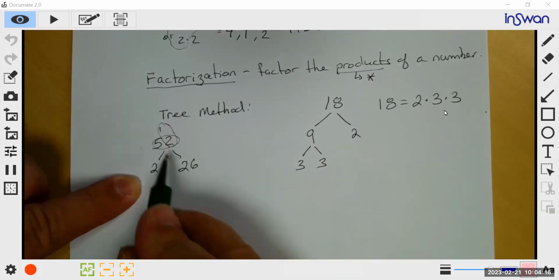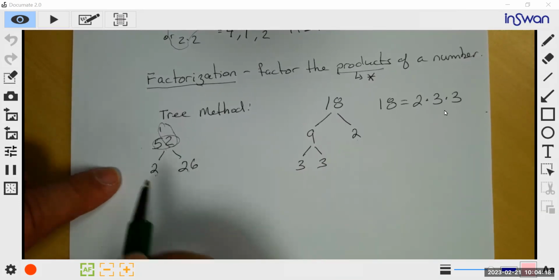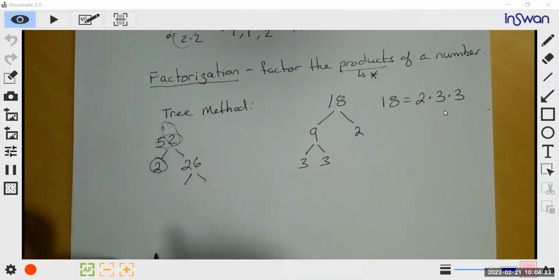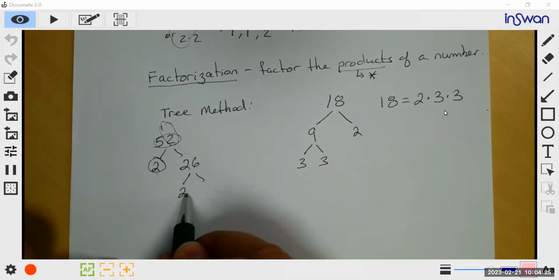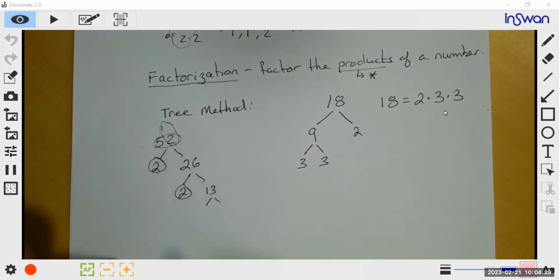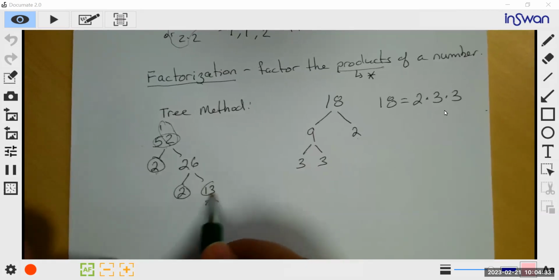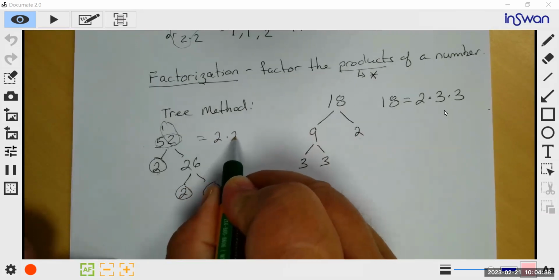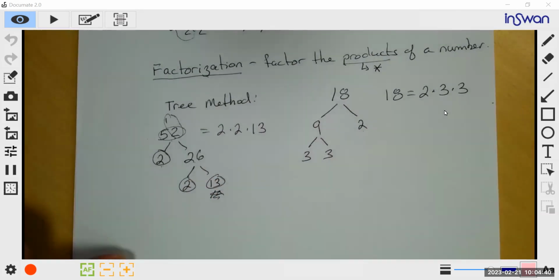So 2 times 26 is 52. Okay, 2 is as far as you can go. 26 is made up of what? So 2 times 13. 13 is made up of, it's a prime. So 52 is made up of 2 times 2 times 13.